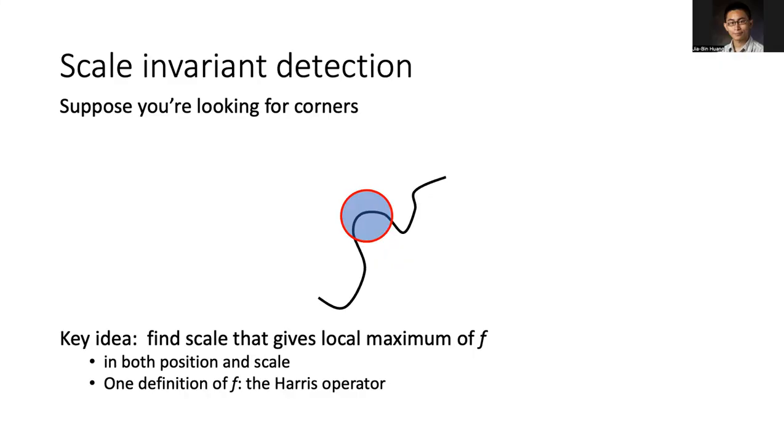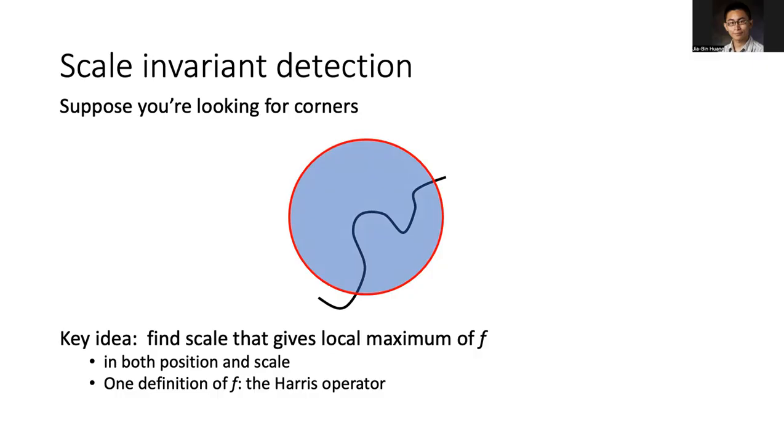This is the interesting part under this scale. This region is interesting. So basically you need to be able to find the location and the scale. All right. So once we have this, then we are able to match images captured at different scales.